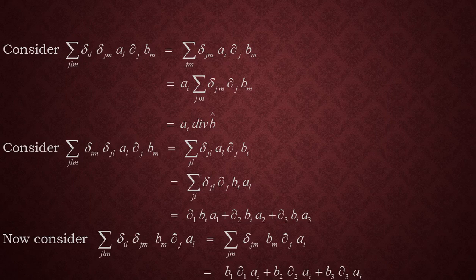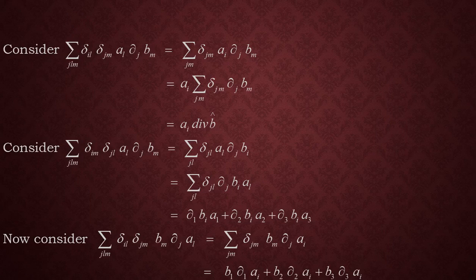This part 2 becomes summation sigma over jlm delta sub im delta sub jl al dou j bm equals summation sigma over jl delta sub jl al dou j bi. After expansion, it equals dou 1 bi a1 plus dou 2 bi a2 plus dou 3 bi a3.